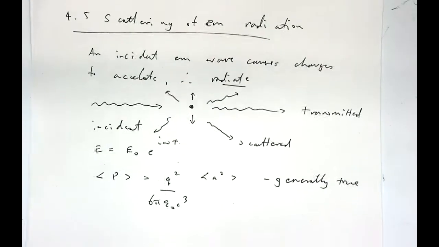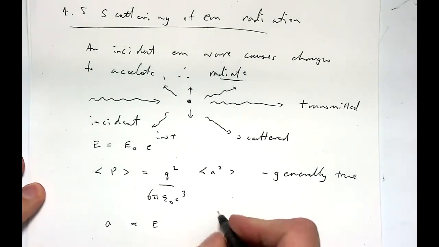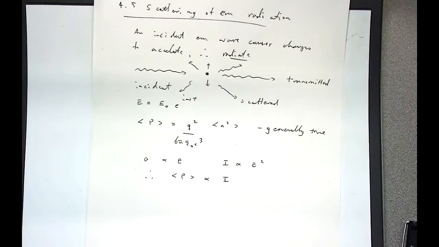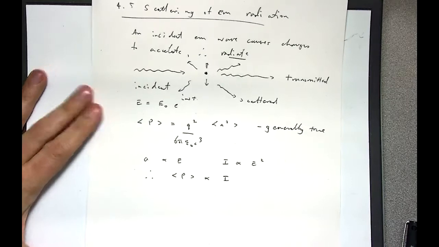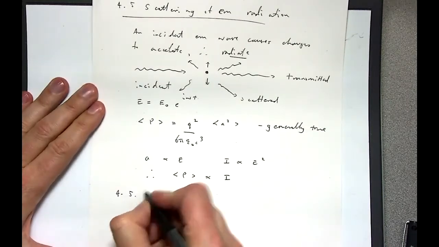And since we know the acceleration is proportional to the electric field, and the intensity is proportional to the electric field squared, therefore the radiated power is proportional to the intensity, which is kind of what you'd expect. So keep that in mind. The more incident power I have, the more scattered power I have. That makes perfect sense.